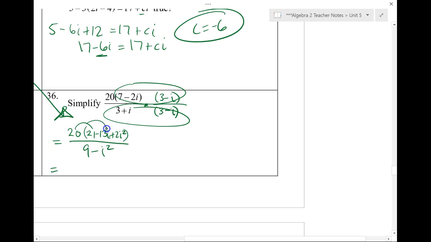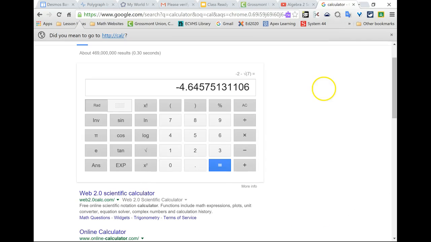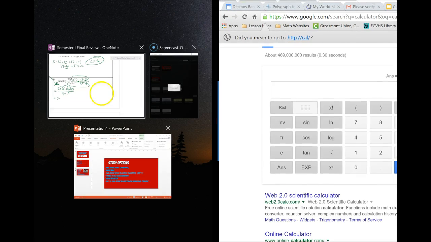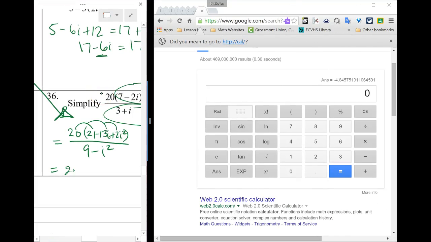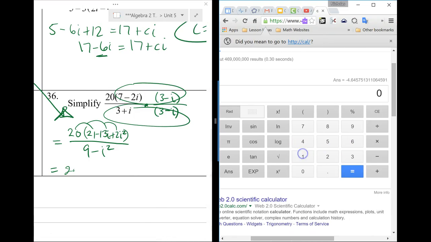Now I've got to distribute this 20. So now we're going to get 20 times 21, which equals 420.